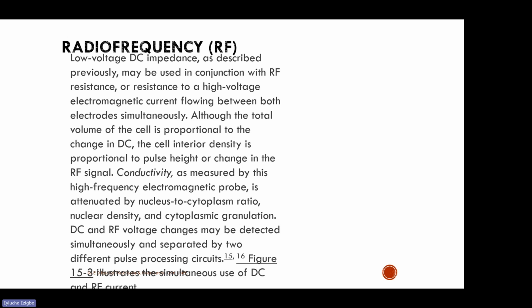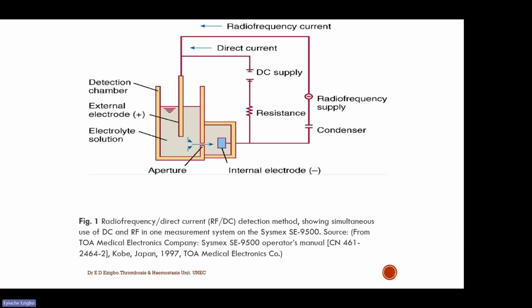When you look at this diagram, you can see the radio frequency current in conjunction with the direct current can be used to differentiate or characterize blood cells. The radio frequency direct current detection method shows simultaneous use of DC and RF in one measurement system, as in the 6MEX.